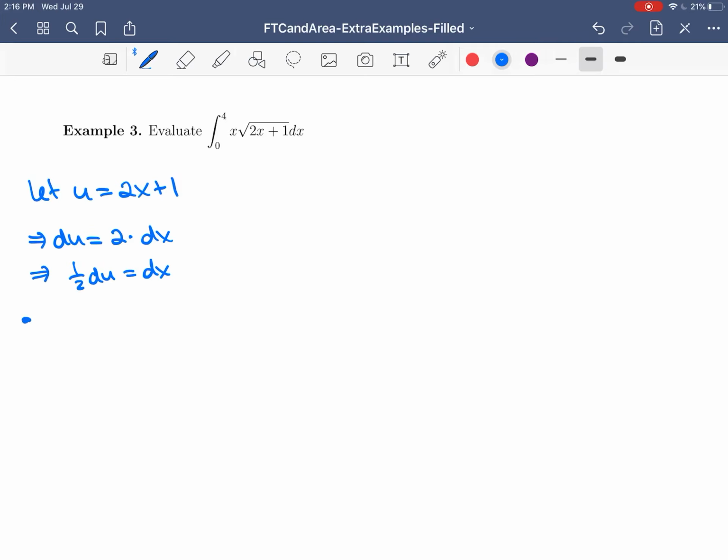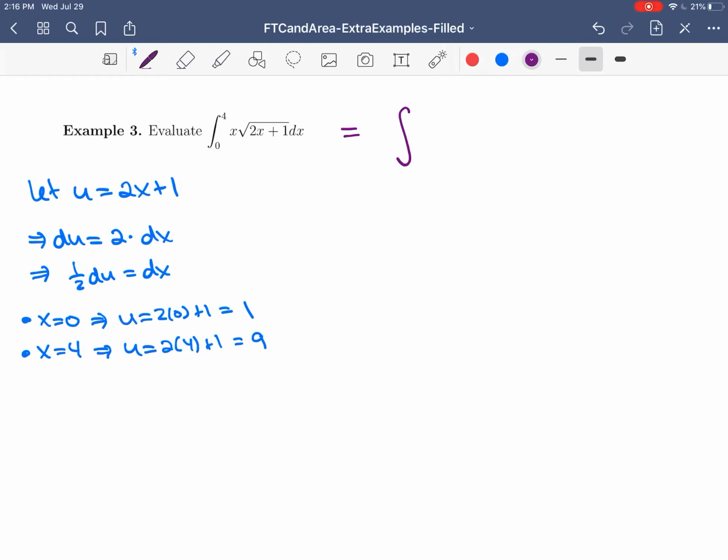I also want to change the bounds. x equals 0 means that u is 2 times 0 plus 1, so 1. And x equals 4 means that u is 2 times 4 plus 1, that's 8 plus 1, so 9. Now let's try to start replacing.